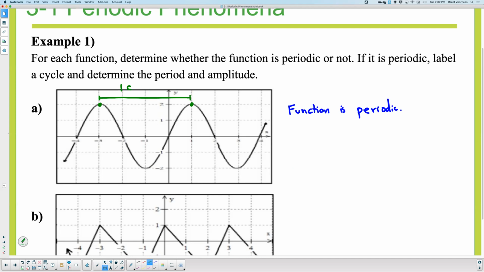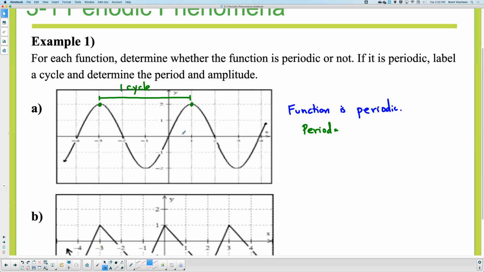That is one cycle. And the distance of that one cycle is its period. So what would our period equal? How far left is this maximum here? -3. So it's -3 to 1.